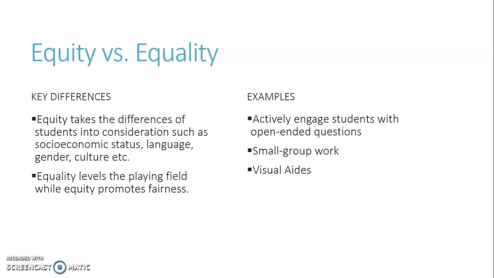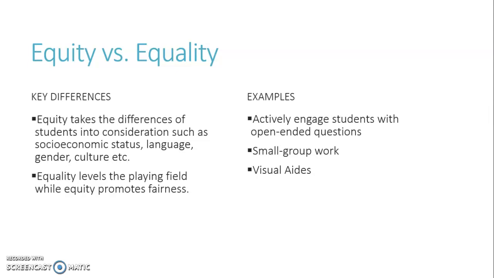So equity and equality, while many people may use these words interchangeably, they actually have some key differences. One of the key differences is that equity takes the differences of students into consideration. Equity looks at things like socioeconomic status, language, gender, culture.